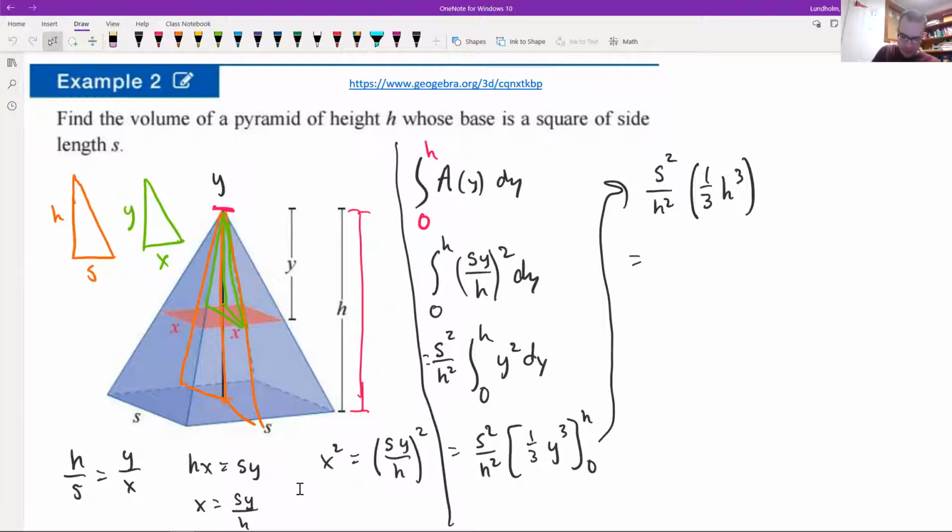But yeah, we get 1/3 s squared h in the end. And actually, that is the formula for the volume of a pyramid, or a square pyramid at least. You find the area of the base, and you multiply that times 1/3 of the height. And that's actually great.